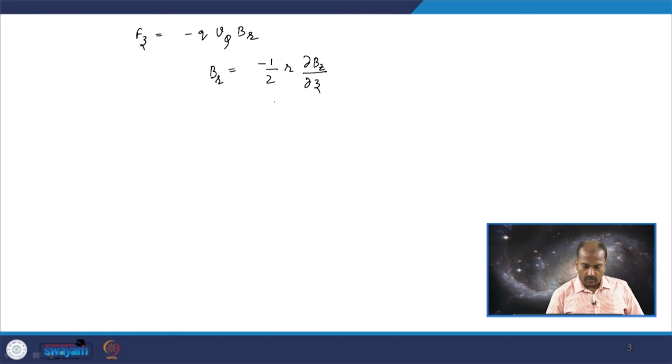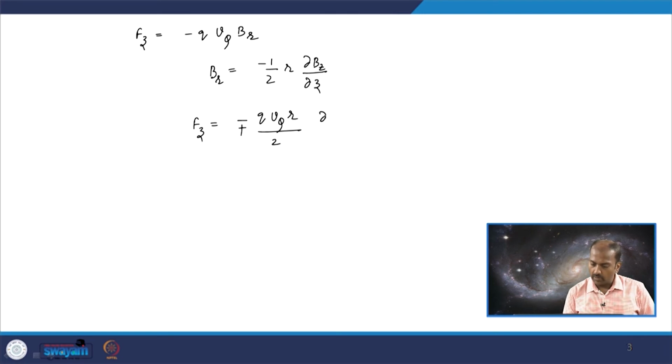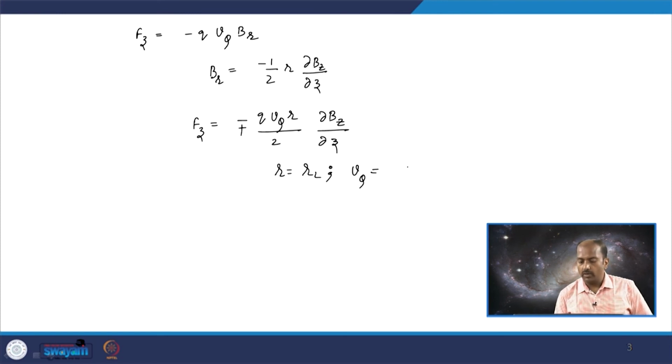If you substitute this, and since there is a charge term which can take positive or negative sign, we can write Fz equals minus plus q V phi R by 2 times dou Bz by dou z. So, we say that R is equal to RL, and V phi can be plus minus V perpendicular.